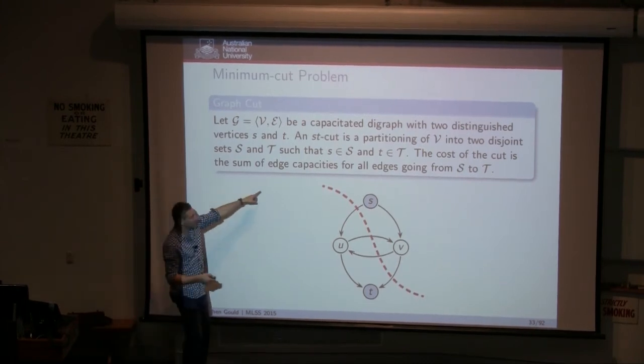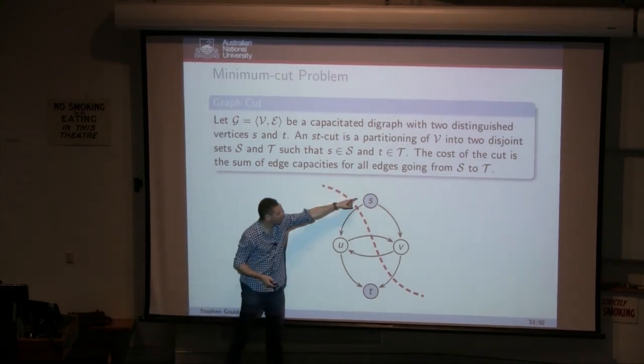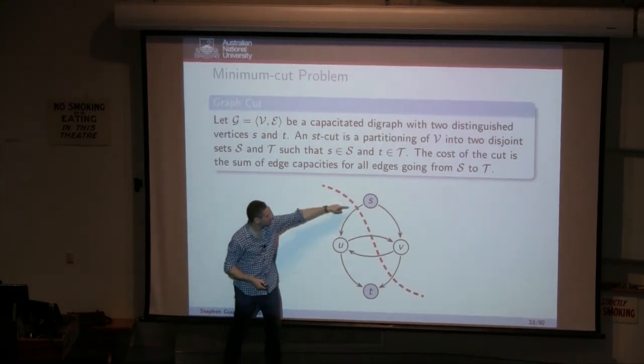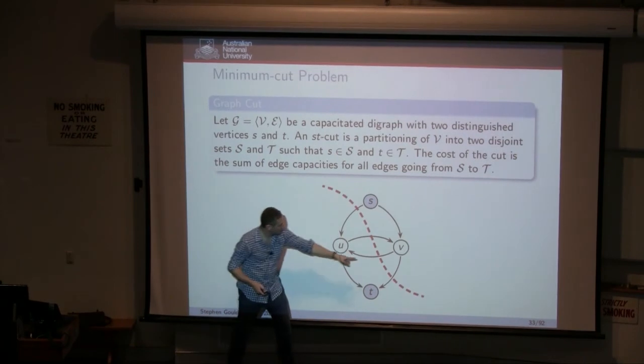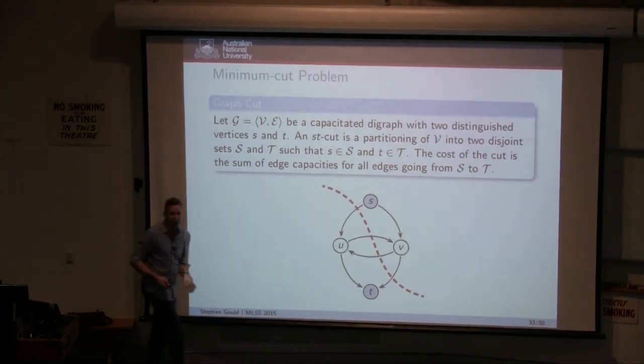The cost of the cut is going to be the sum of all the edge weights going from the S set to the T set. So in this case, it's going to be this edge plus this edge plus this edge, okay, is going to be the cost of that cut.